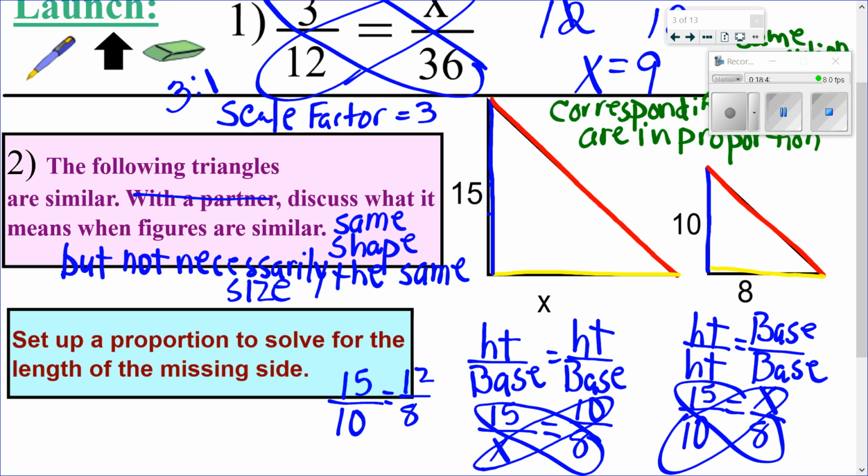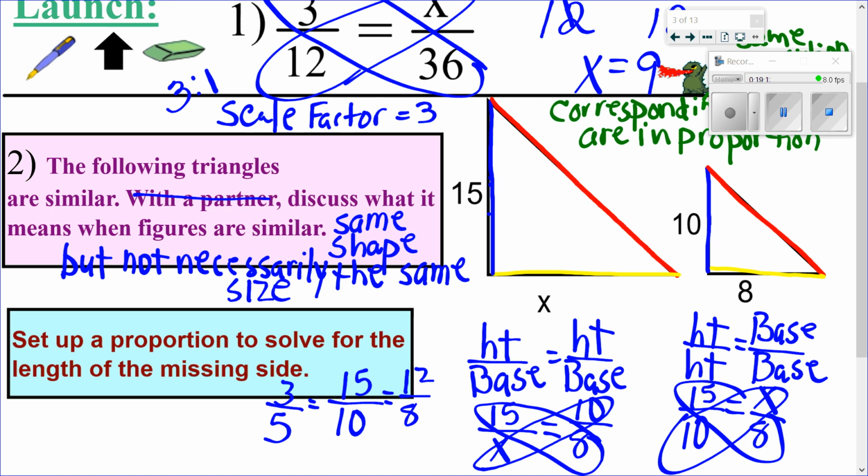Well, you can't figure out right away what you do to the 15 to get to the 12, or the 10 to the 8, but you can reduce each fraction. What number goes into 15 and 10? The number 5. So this reduces to 3/5. Let's reduce 12/8. What is their common factor? The factor is 4.